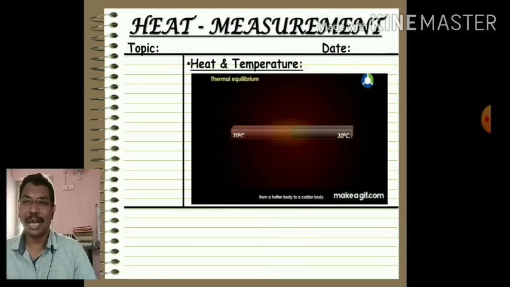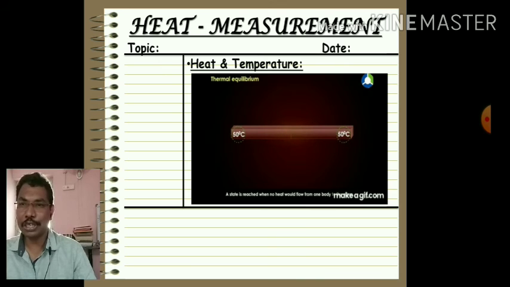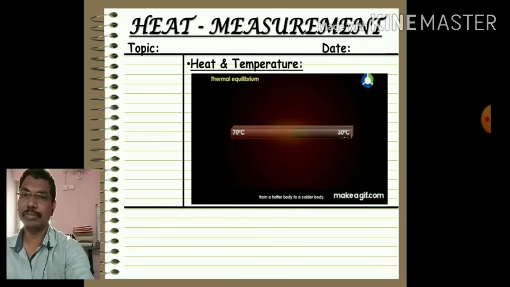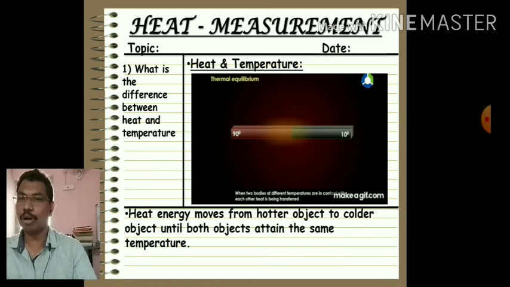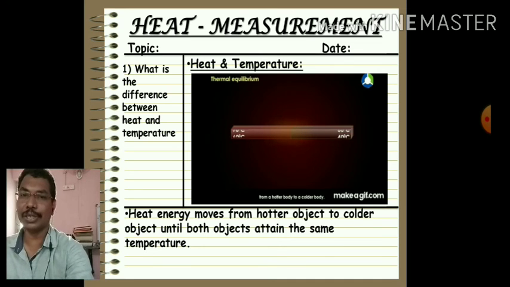This attainment of the same temperature by the transfer of heat is called thermal equilibrium. So heat energy moves from a hotter object to a colder object until both objects attain the same temperature.